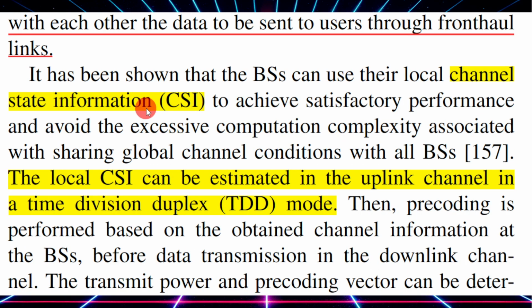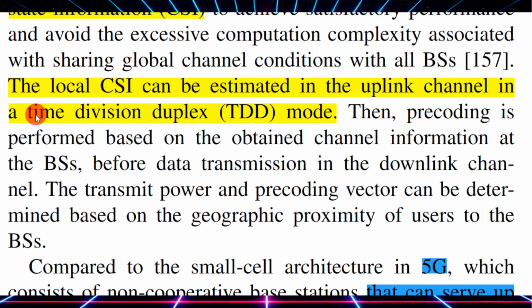It has been shown that base stations can use their local channel state information to achieve satisfactory performance and avoid the excessive computation complexity associated with sharing global channel conditions with all base stations. The local CSI can be estimated in the uplink channel in a time division duplex mode.